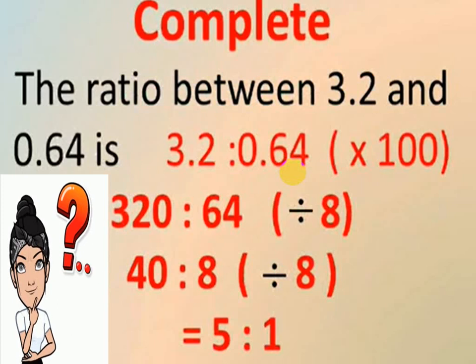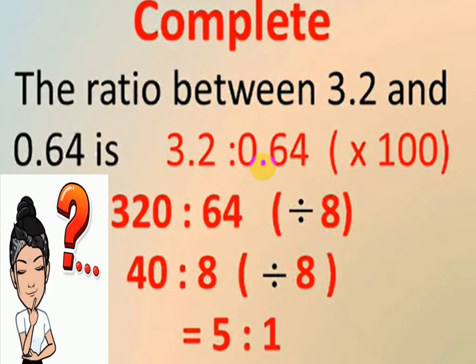What will we do now? Multiplying by 10 or multiplying by 100? Yes, excellent. I think multiplying by 100 will solve the problem, because 0.64, if you multiply it by 10, you will get 6.4, and it is not a whole number.